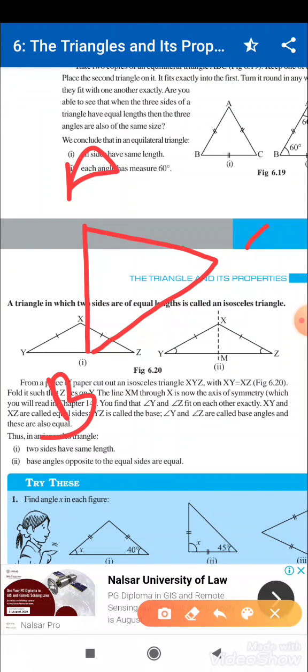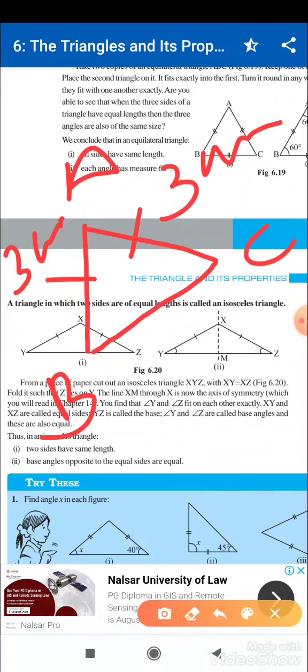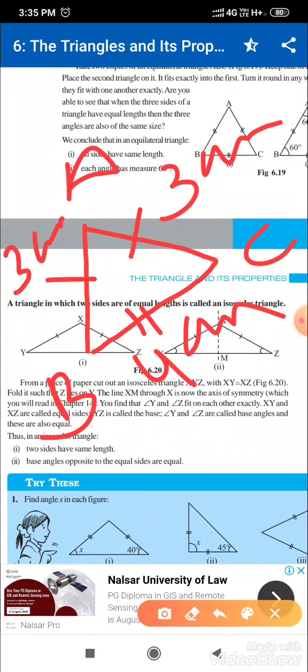In this triangle, the measurement of side AB and side AC is 3 cm, and suppose the measurement of side BC is 4 cm. Now you can see that the measurement of sides AB and AC are equal, and the measurement of side BC differs from both sides AB and AC.